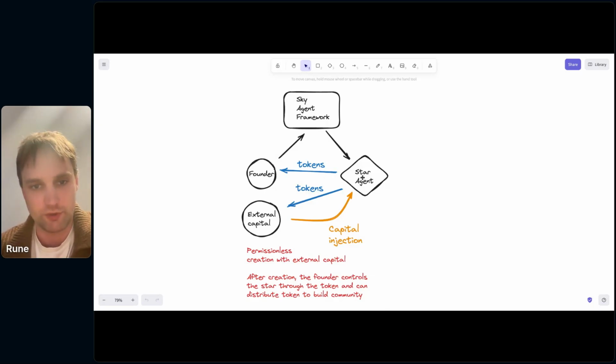But once the star is created, the tokens are distributed between the founder and the external capital based on their original agreement. It's comparable to a startup being created and capitalized, but instead of being a company, it's really a smart contract connected to the Sky protocol.